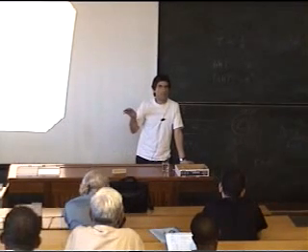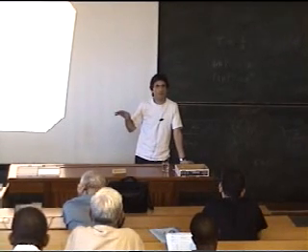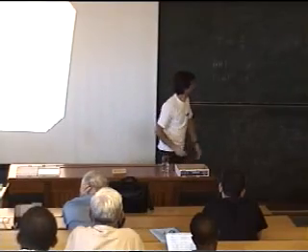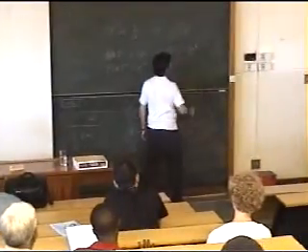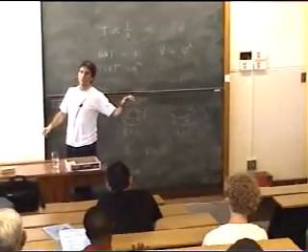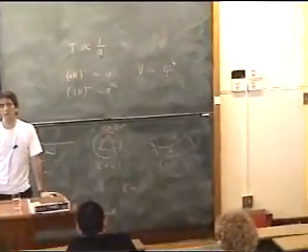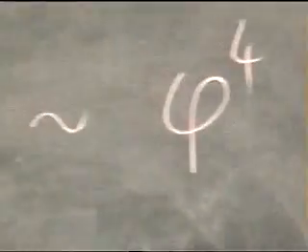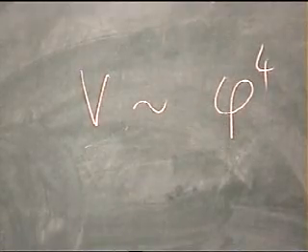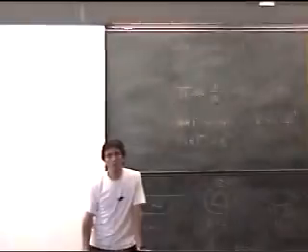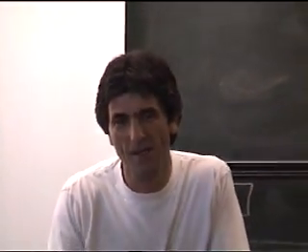You can choose particular potentials, and you can rule them out by current data. So, for example, the potential V going like phi to the 4 is almost by now ruled out by current data. But then there are hundreds of other potentials which aren't ruled out. So it's not clear what the status of the inflationary paradigm is as a falsifier. It may not be falsifiable. George might be able to say more about that.